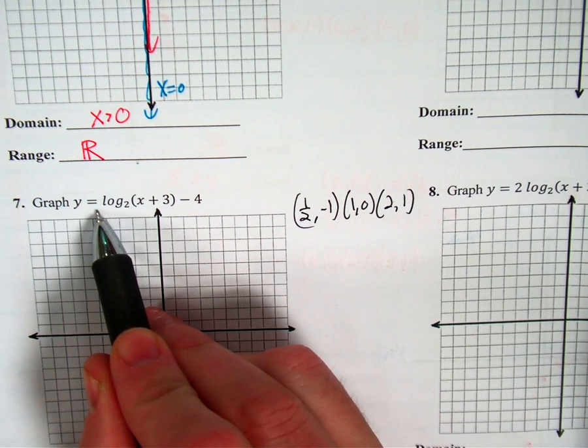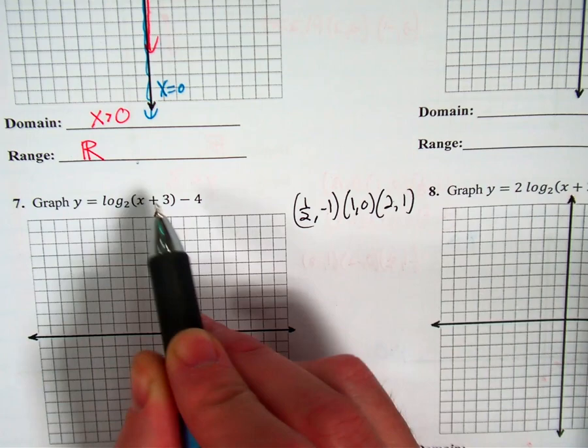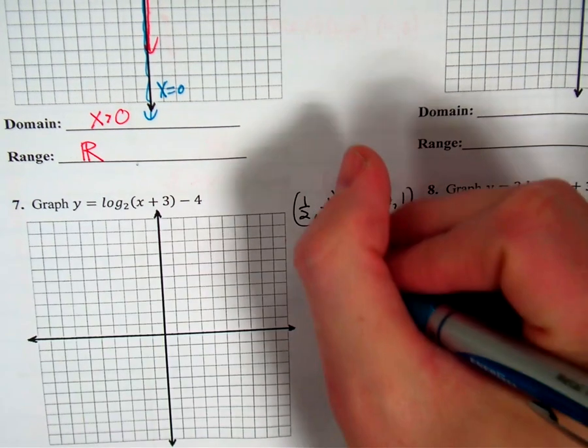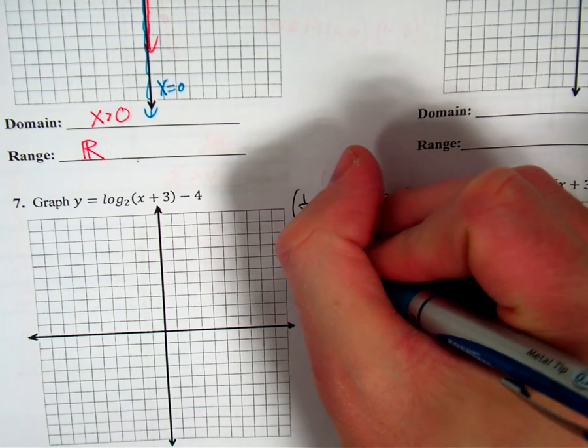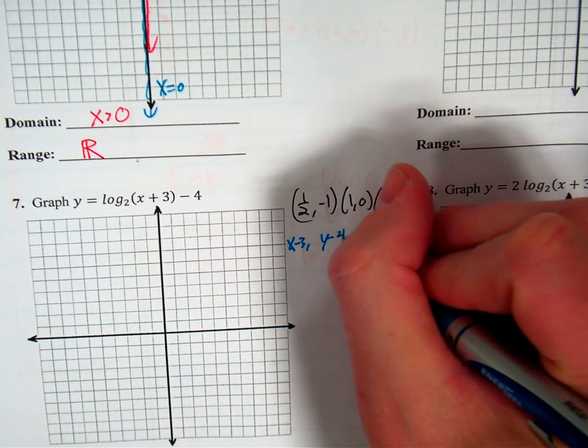No multipliers. If we had a multiplier, we'd have to do that one on its own step first. We don't have a multiplier, so now we can do our plus minuses. X's are still opposite, so we're going to minus 3, and then the outside is still the same, y minus 4.